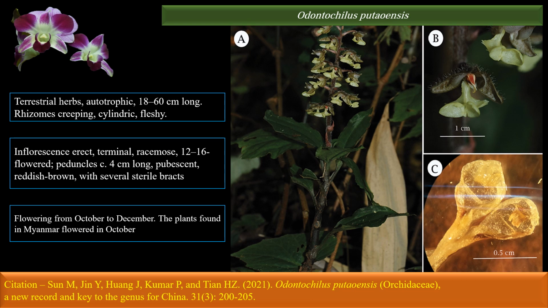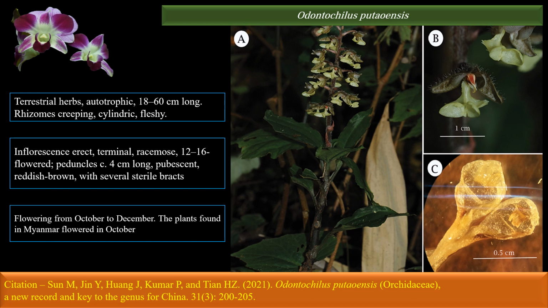Another fact is that the flowering is from October to December. The plants found in Myanmar flowered mainly in the October period. So this is also a very great contribution by Dr. Pankaj Kumar sir.